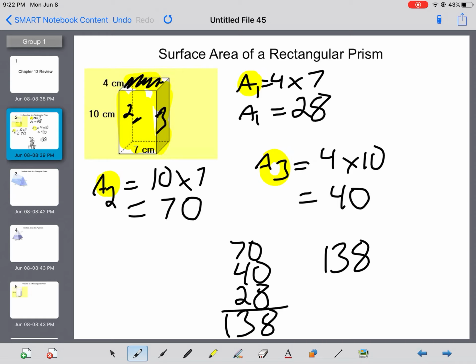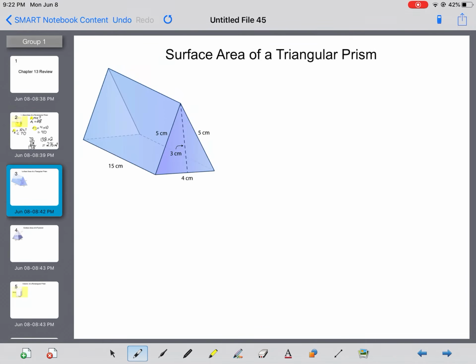So all I need to do then is multiply 138 by 2 to get my final answer. You have to remember to multiply by 2 at the end if you didn't multiply by 2 throughout. So you get 276 centimeters squared. When you find the surface area of a rectangular prism, make sure you found all 6 faces.